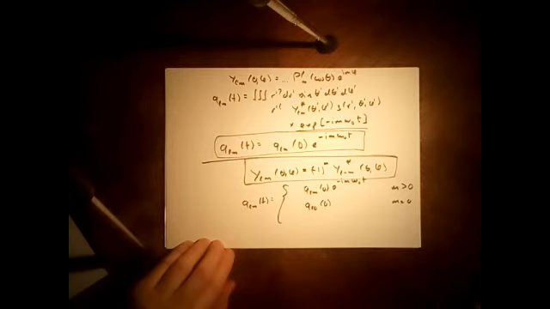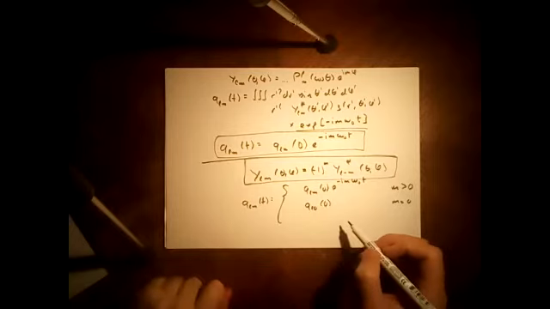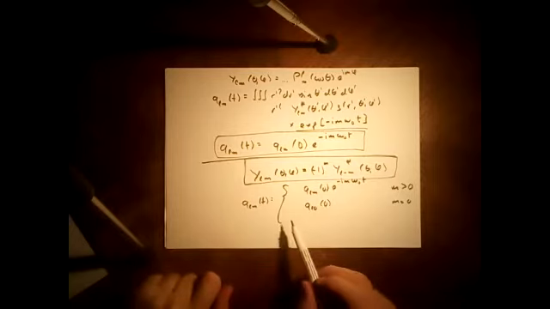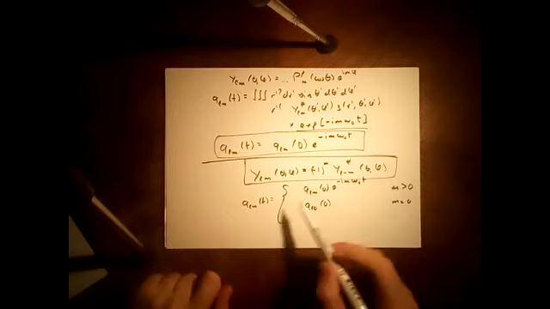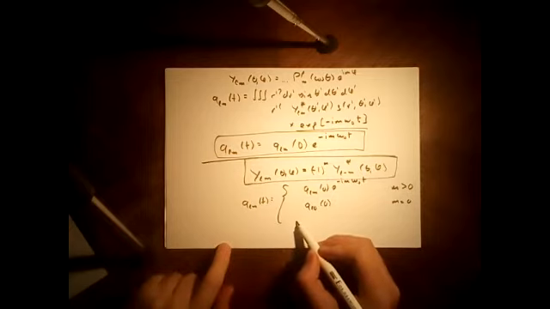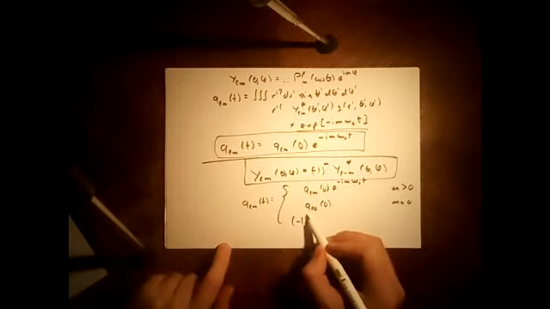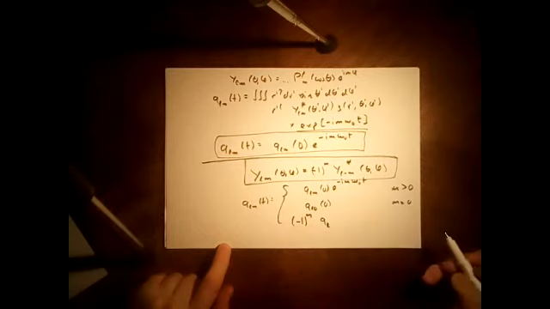An important fact about this is that this one does not radiate. This is the m equals 0 term. But the other thing you can do is, if m is smaller than 0, you can relate it to the positive m part as follows. You can write minus 1 to the m, and you can write here QL.